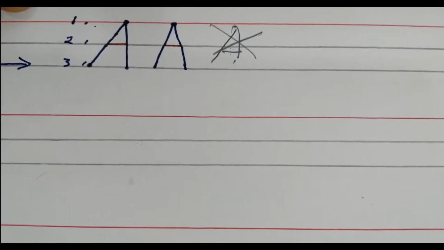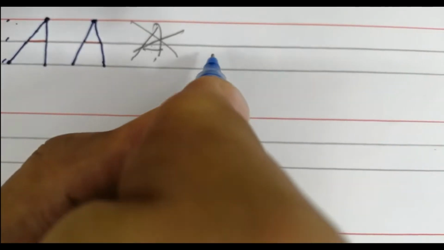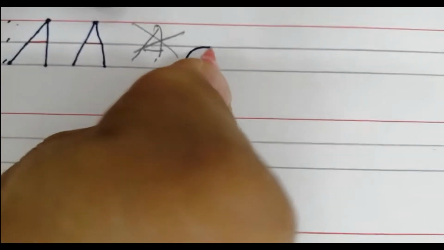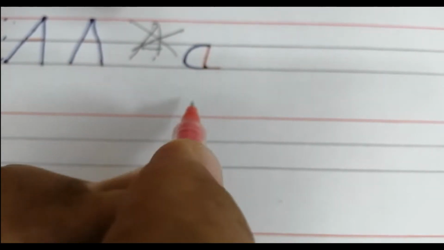How to write the small one? The small one is between two lines, line 2 and line 3, as you see here. We have a half circle like that, and close it with a falling line and sleep on line number 3.